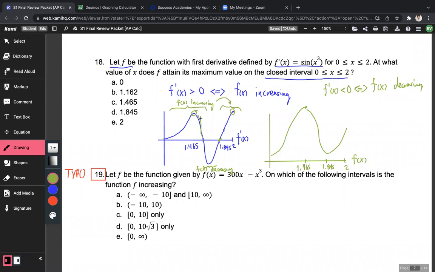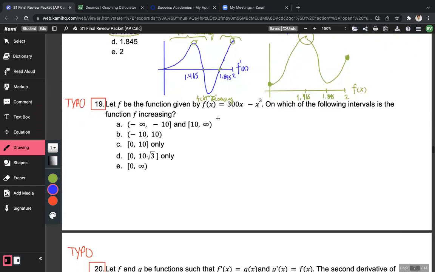Our slope continued to be positive. The function continued to increase, and the function was increasing before that. So that means that at f of 2, the end of our interval, we're going to be lower than an absolute max, which occurs at 1.465. It's a pretty difficult one, but the rest are going to be a lot easier.